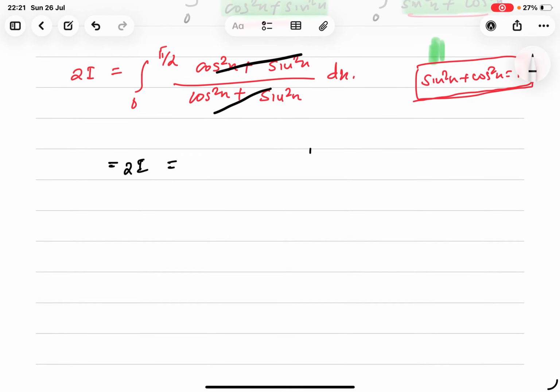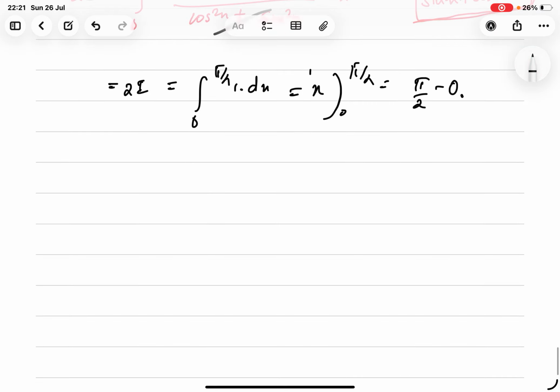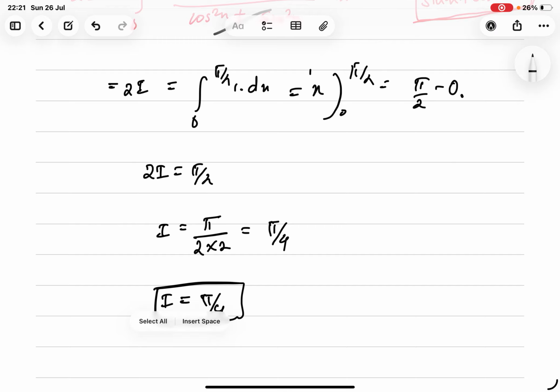Then 2I is equal to integral from 0 to pi/2 of 1 dx. The integral of 1 is x, from 0 to pi/2, higher limit minus lower limit. 2I is equal to pi by 2, I is equal to pi by 4. Then the final answer will be pi by 4. I hope this is clear.